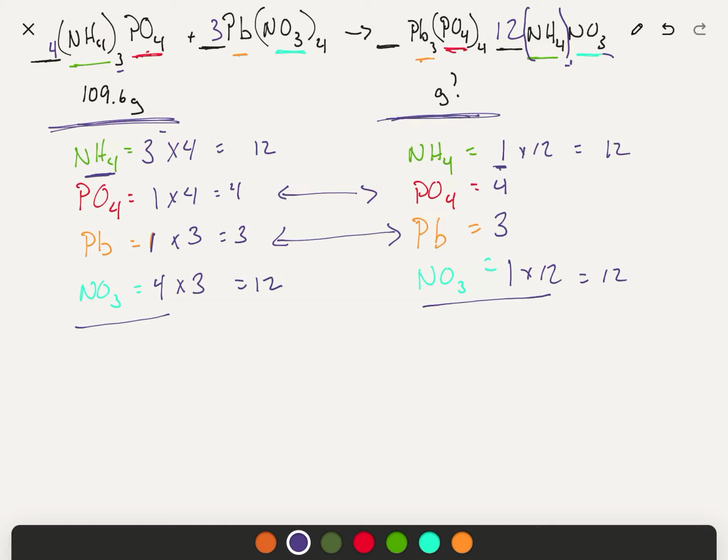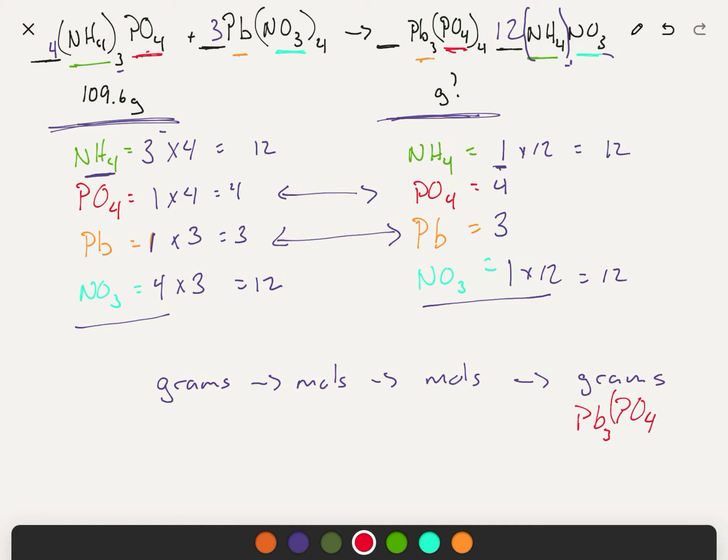So we need to go from grams to moles to moles to grams. Those will be our steps. This will be grams of Pb3(PO4)4.